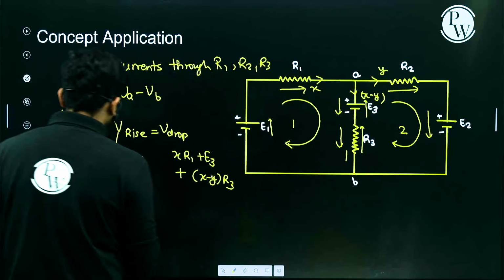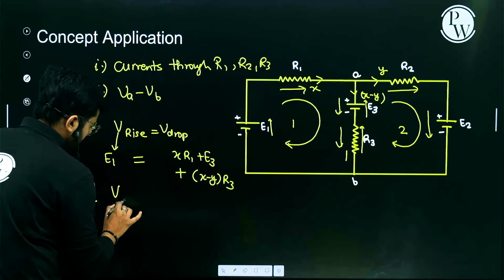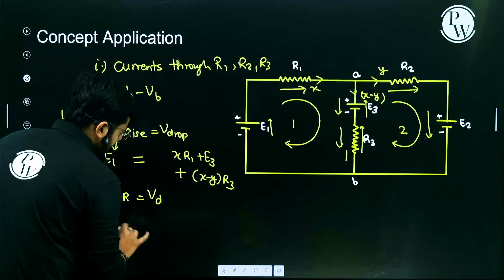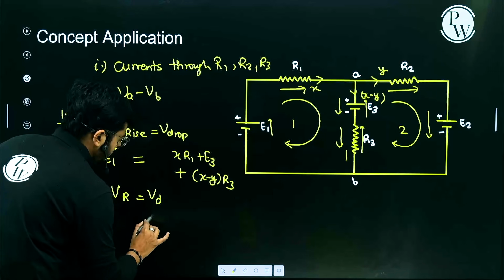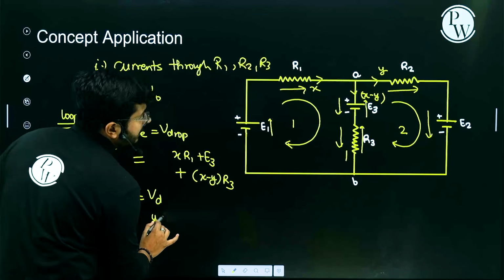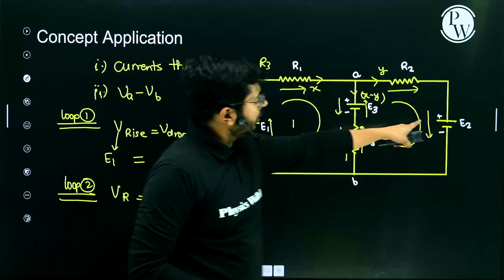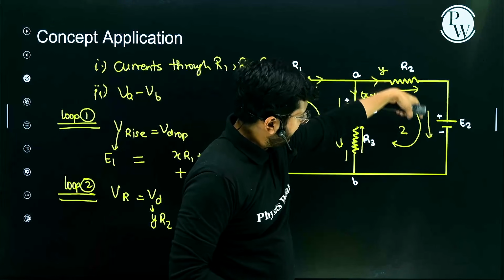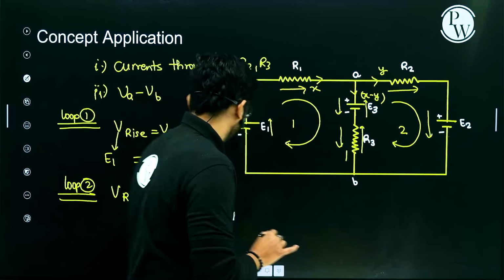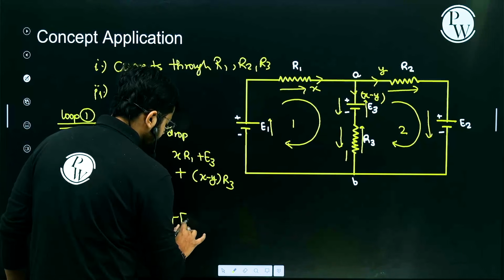Y is the current, and the potential rise equals the potential drop. So the drop you will get is Y into R2, where Y is the current and the resistance is R2. Across this one, you are moving from higher to lower like this, so you will get a drop. Again, you will add it on the drop side, E2.